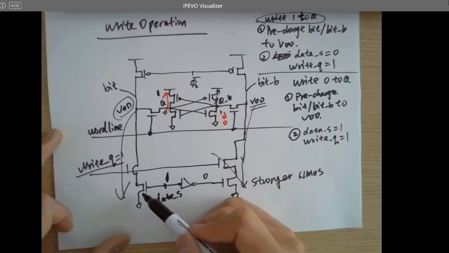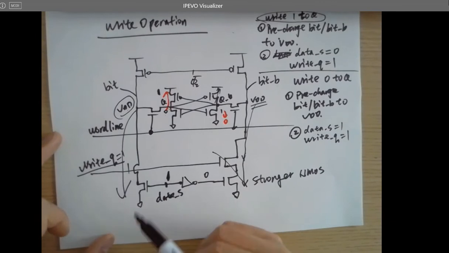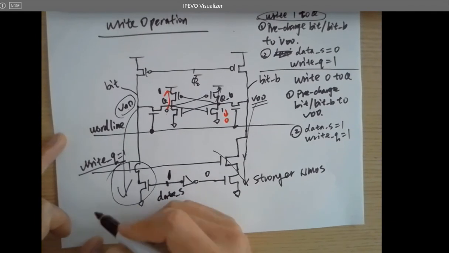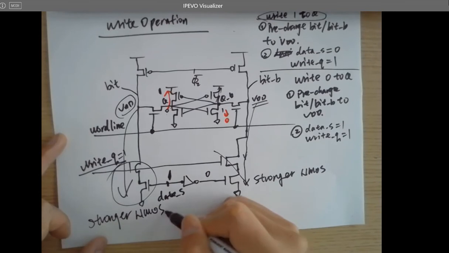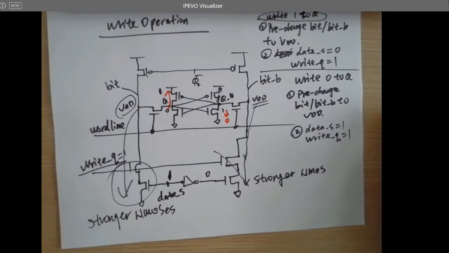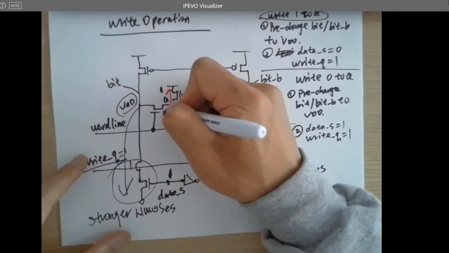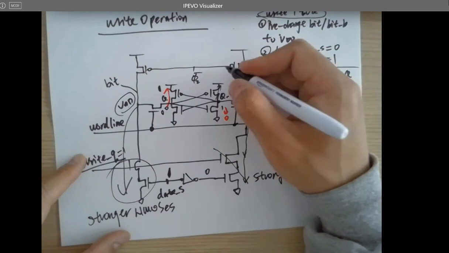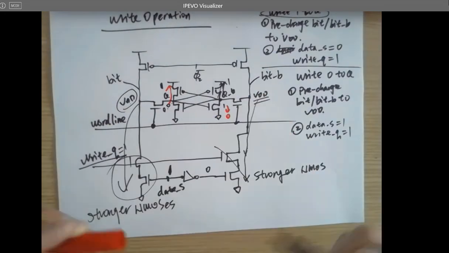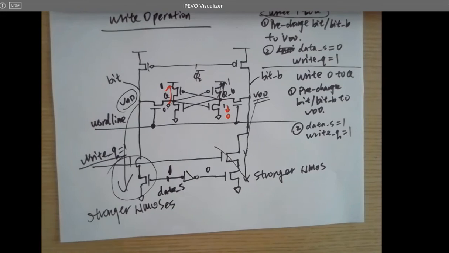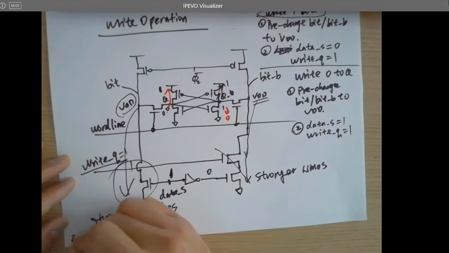Again, it's competing. So how? Just make this NMOS stronger. Just make it wider. So if this is being pulled down to the ground, and because of positive feedback, this will be pulled up to 1. And now a 0 has been written into Q, right? We are done with the writing operation. Any questions?